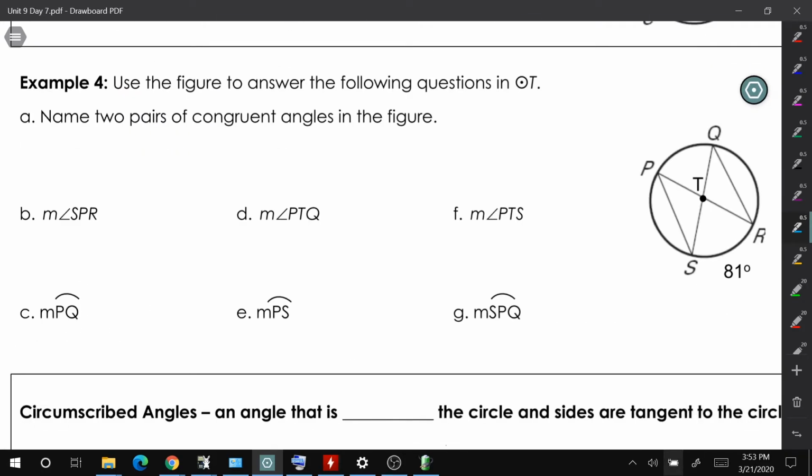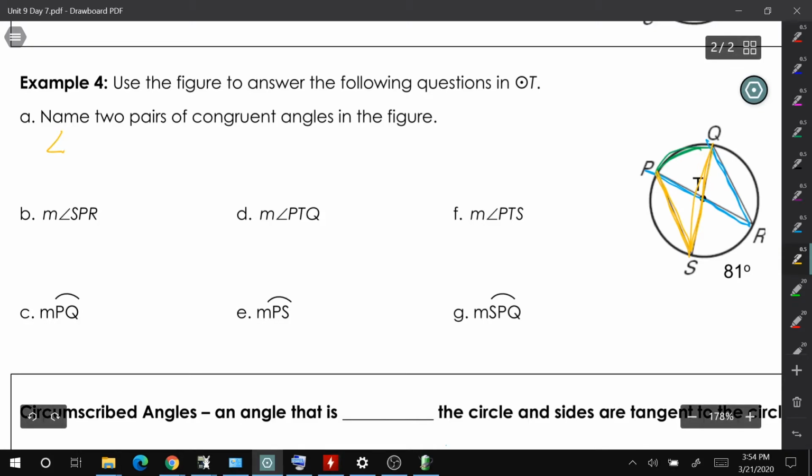Okay, we're going to use that information to solve example number 4. Now, we're going to name two pairs of congruent angles in the figure. So we have this arc right here, and we have this angle, and we have this angle that make the same arc of PQ.